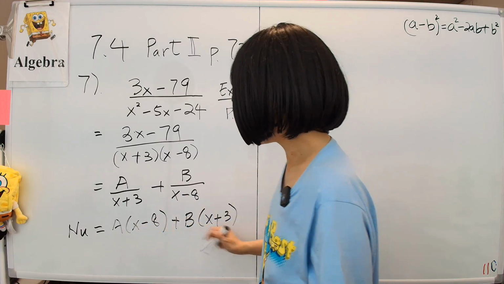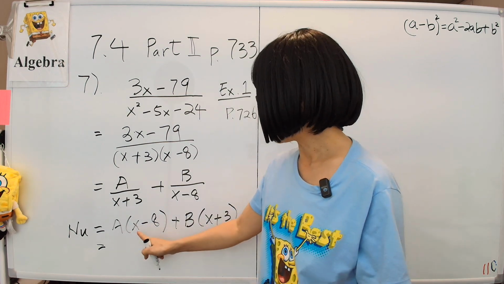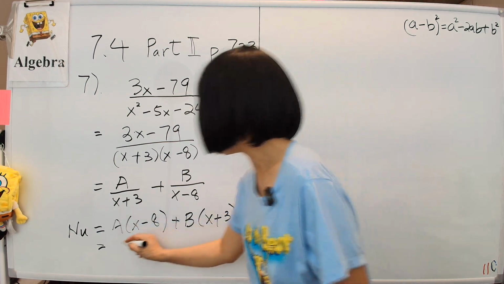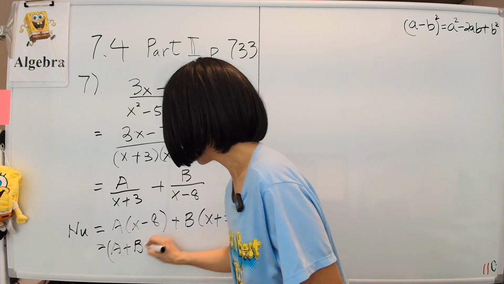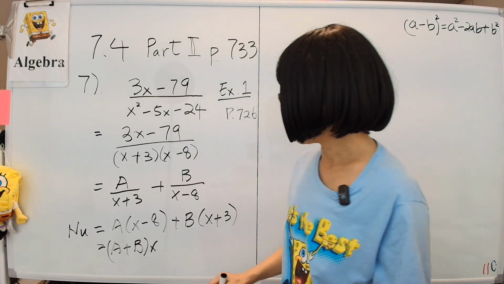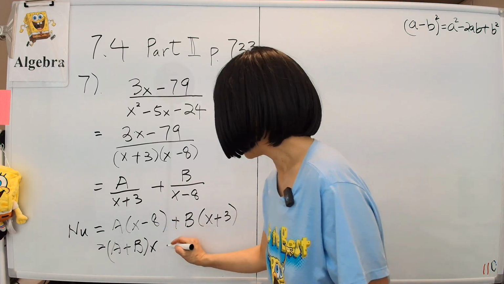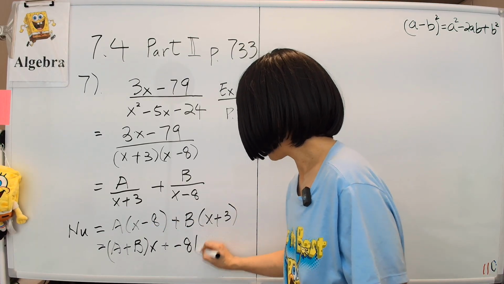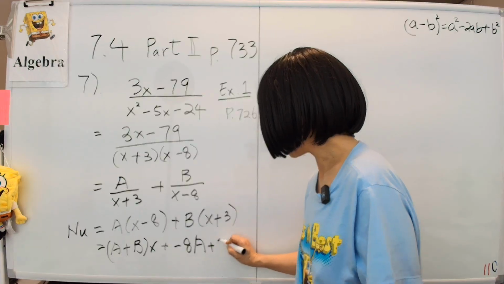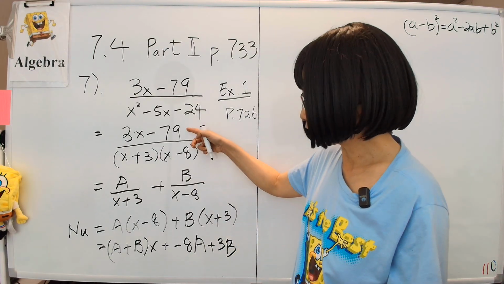Anyway, let's do this. Summing up all the x's, it will be ax plus bx, and after the x's is just numbers: minus 8a plus 3b. And this has to end up being the original numerator.